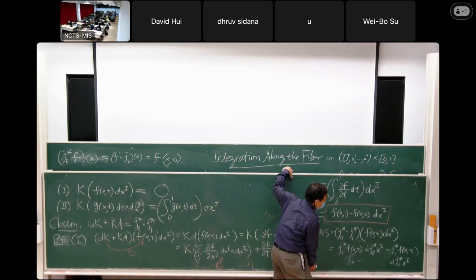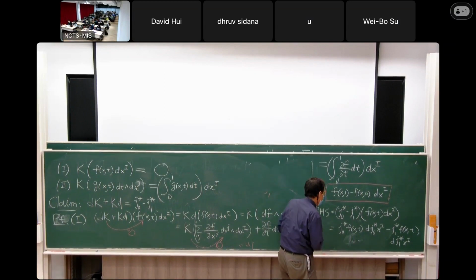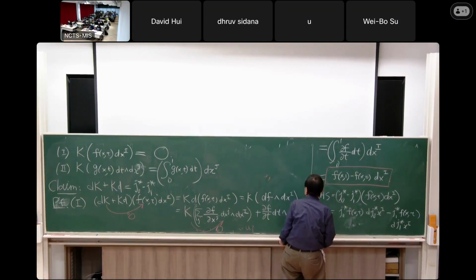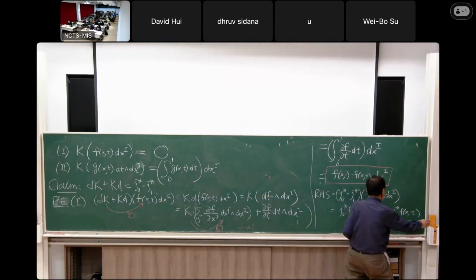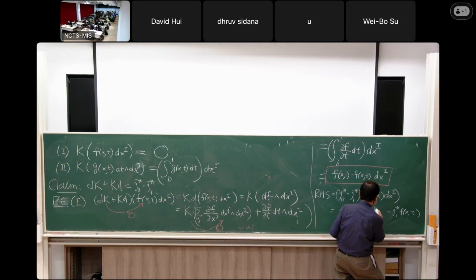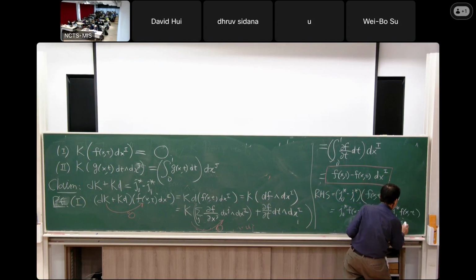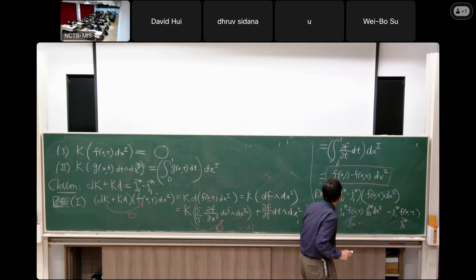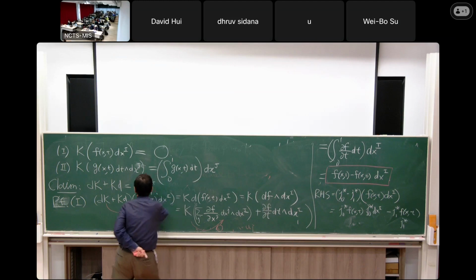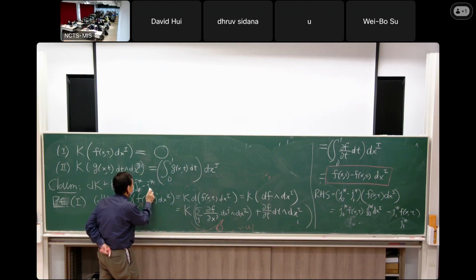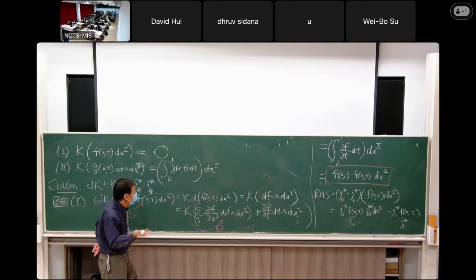Let's leave this as J0 star of dxi and J1 star of... no, just a minute. I think I actually want J1 minus J0. I'm going from 0 to 1.